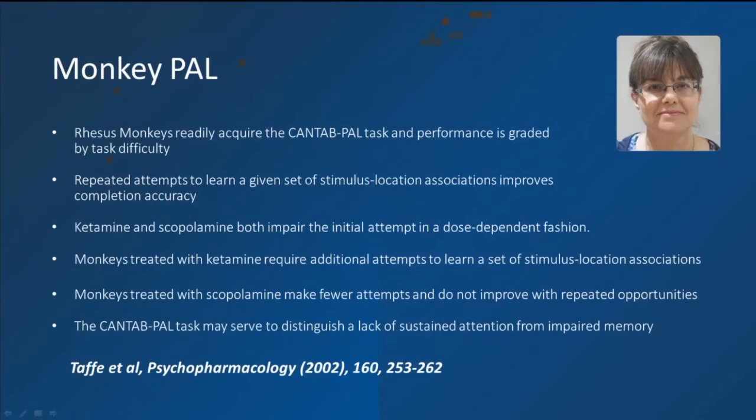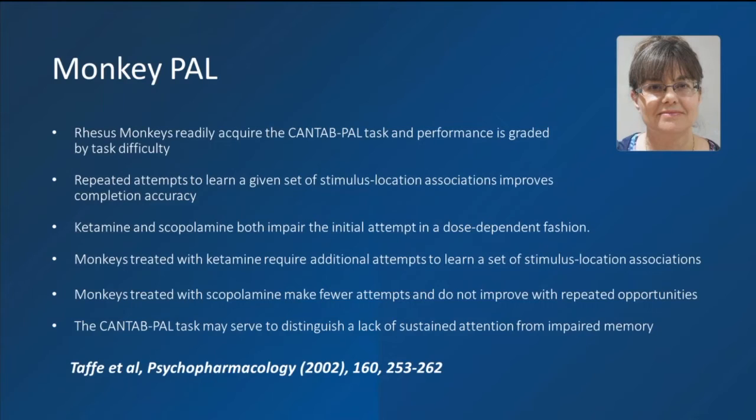So that's the very early training part of the stage, but rhesus monkeys can readily acquire this task at the 4 stimuli region. And as with humans, the more time they see the location, the better their performance.